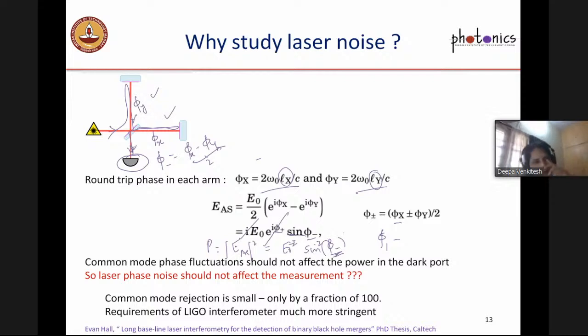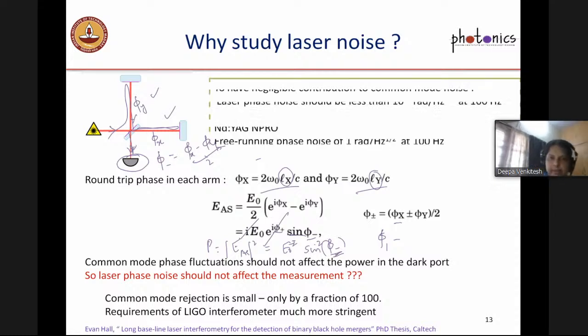Depending on how this interferometer is set up, it is only a factor of 100 that you get by this common mode rejection, which means that there is still an influence of the intensity noise and the phase noise, even though they are common between each other. The visibility of that is very small, and you get only a factor of 100 improvement because of the common mode rejection.